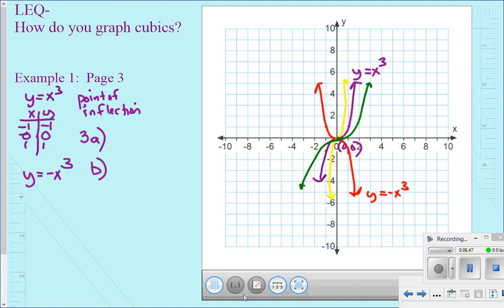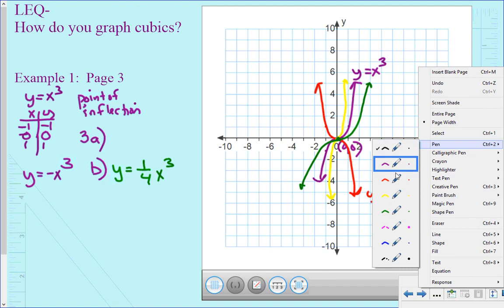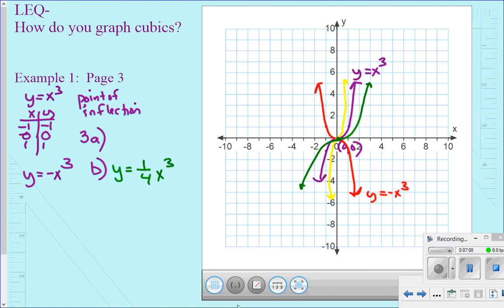So then equations, the one that I just graphed, in part B, it asks for an example of the equation. So that would be something like 1/4 x cubed equals y, let's say. And an example in 3a of an equation for a vertically stretched graph would be something like y equals 3x cubed.